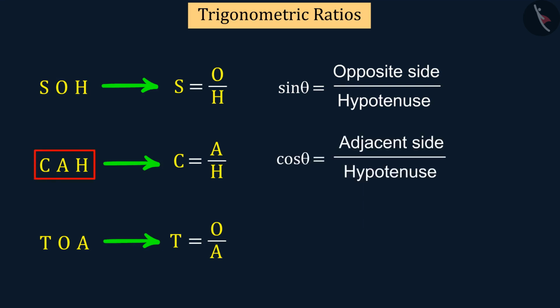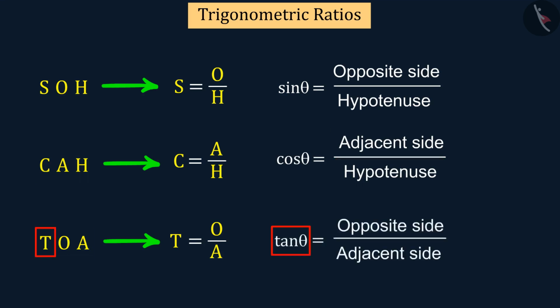In CAH, C means cos, A means adjacent side, and H means hypotenuse. And in TOA, T means tan, O means opposite side, and A means adjacent side.